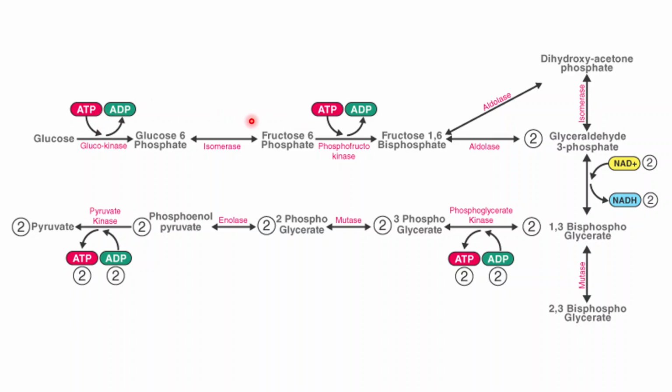No, ma'am, please repeat once. Not clear. So ATP is adenosine triphosphate. Triphosphate means 3 phosphate groups are there. From these 3 phosphates, 1 phosphate group is taken by this enzyme, phosphofructokinase. This enzyme is taking one phosphate molecule out of the ATP and giving it to the fructose 6 phosphate.